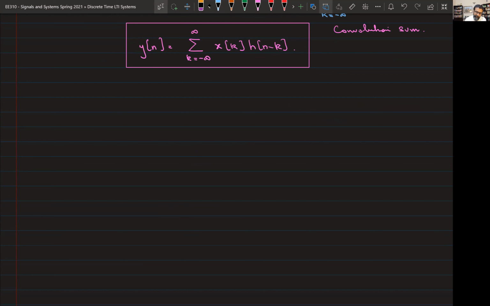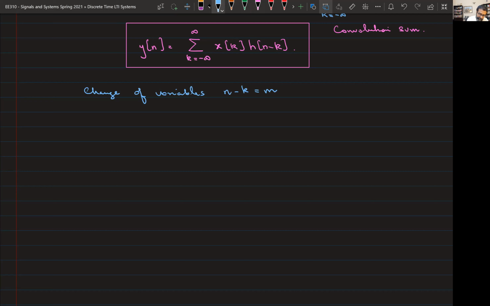Now, I can derive an alternate representation for convolution as well, by the way. If I make a change of variables and I say n minus k equals m, then what can I say about y of n?